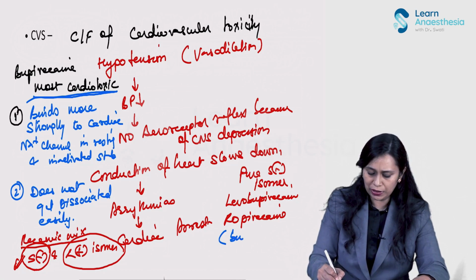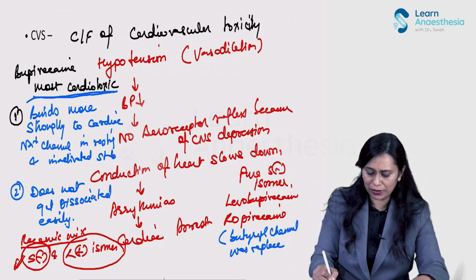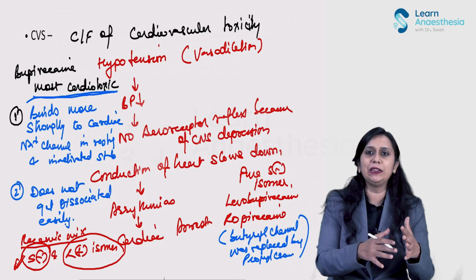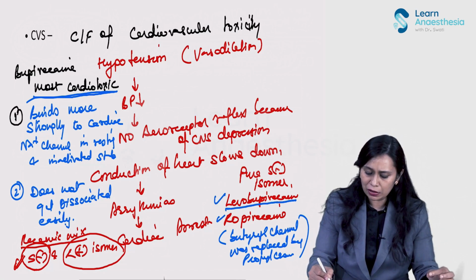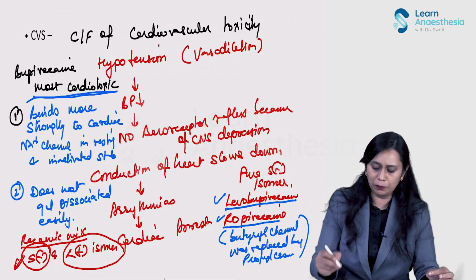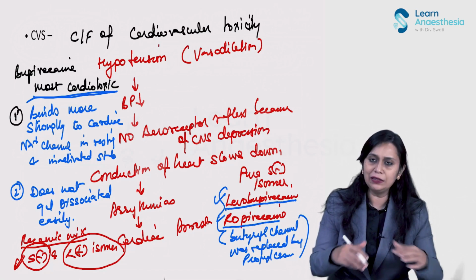The butyl chain was replaced by a propyl chain. So again, it became less avidly binding to the sodium channel of the heart. So these two are congeners of bupivacaine, but the safer ones.